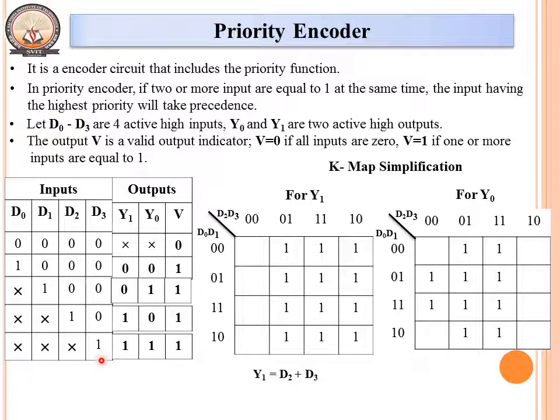That means for 0 1 and 1 1 the value will be 1 1, and when D2 D3 is 0 0 my value is 1 1. You can see this entry here. When you simplify it, I'll get 1 quad and an octet. So my equation will be D1 D2 bar plus D3.